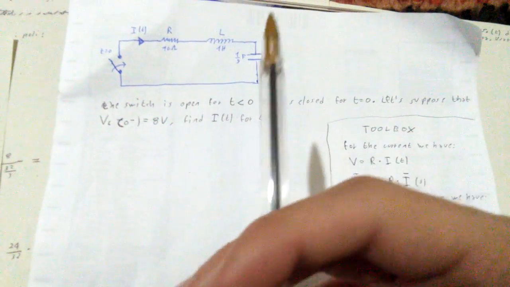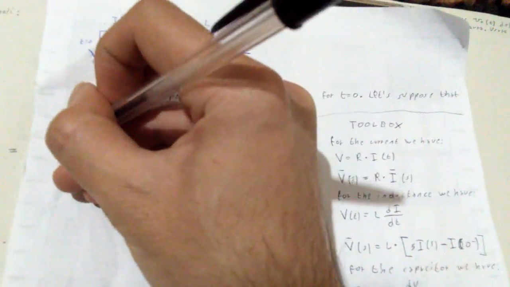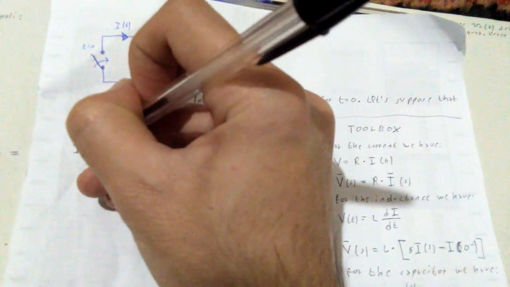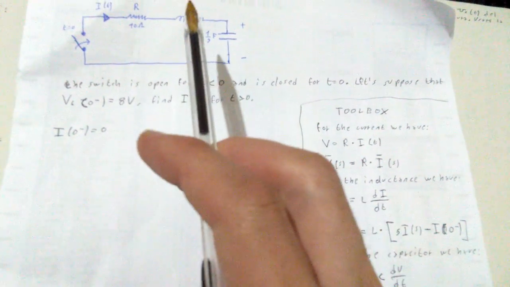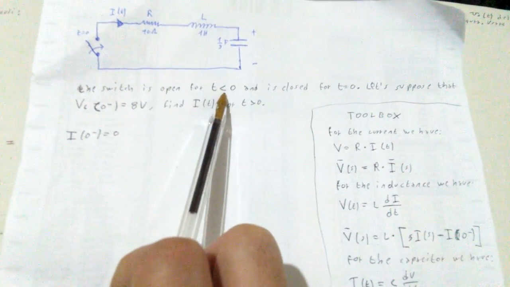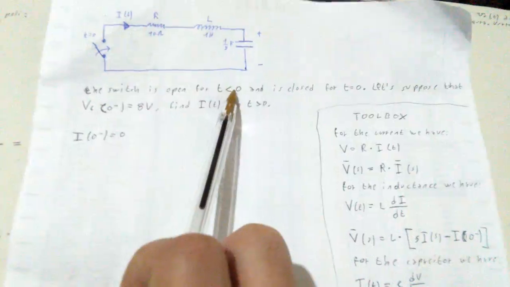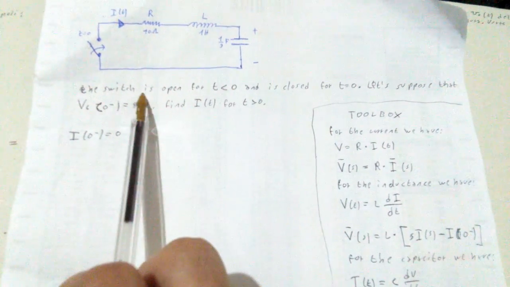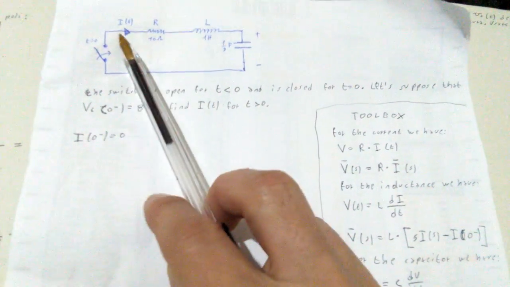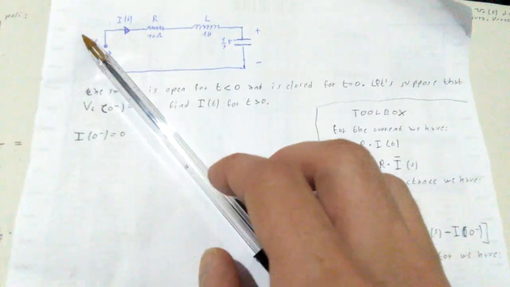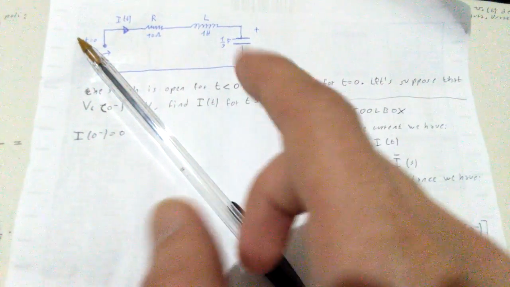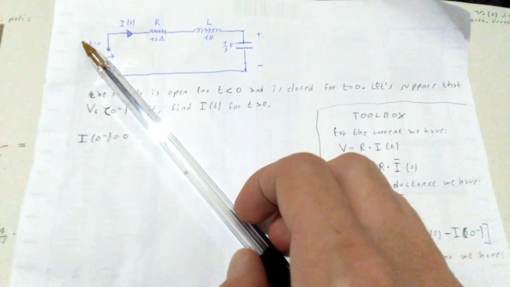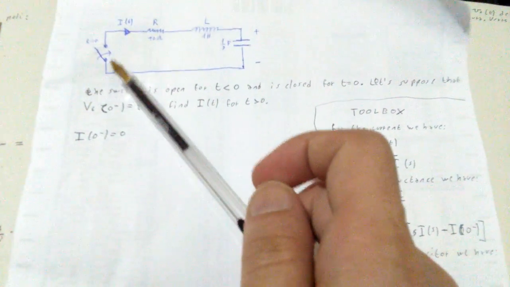Okay, so what this is saying is that for our problem, I(0 minus) is equal to 0, because it's pretty straightforward. We just said that for t less than 0, the switch is open. Since the switch is open, and we need a closed circuit in order for the current to circulate, there's not going to be current.